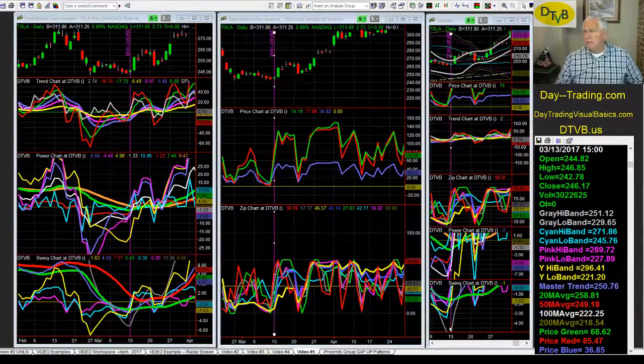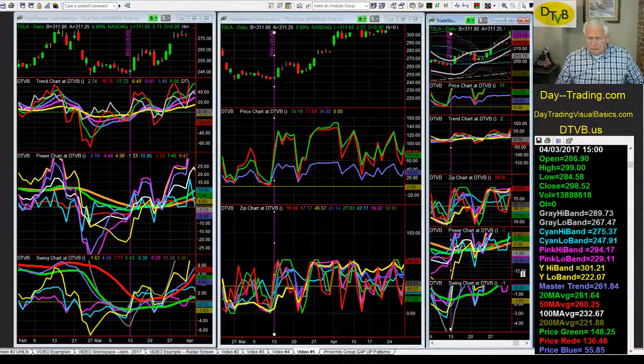This particular example I have is a Zip Red line, and in looking at the charts, I have here Tesla, and I'm in March of 2017, and all the pink lines are on the same day.